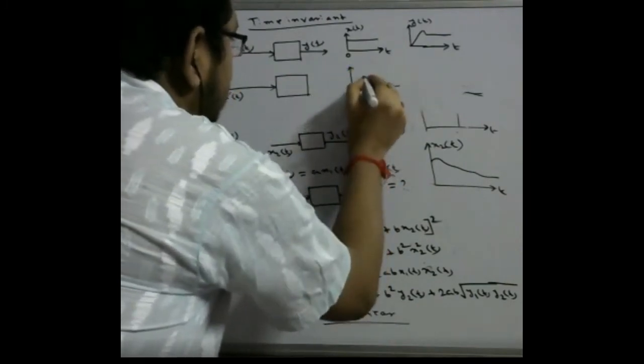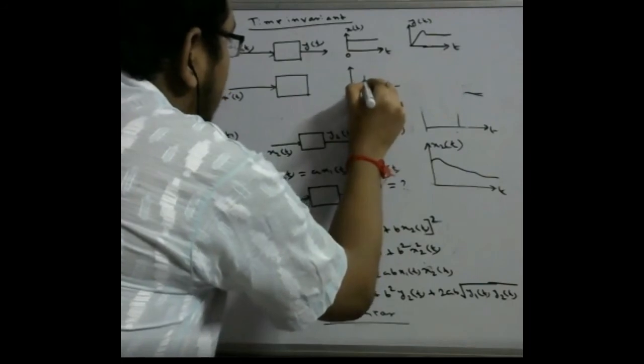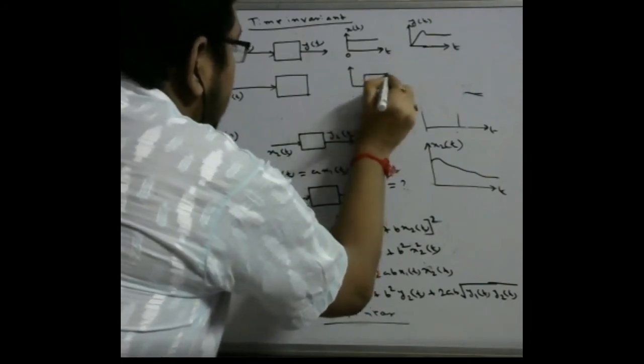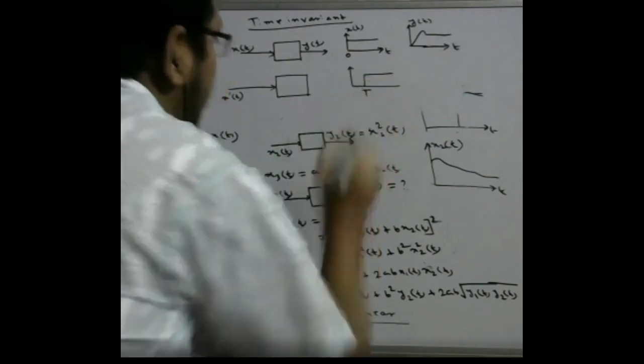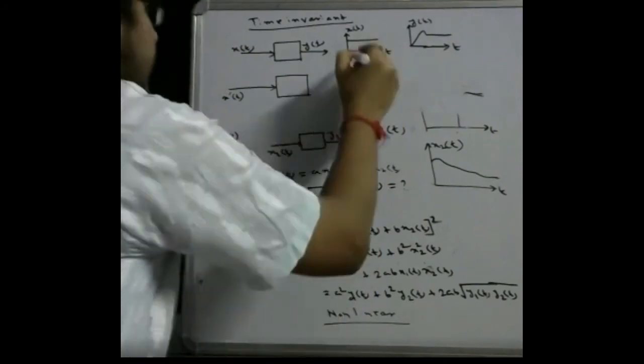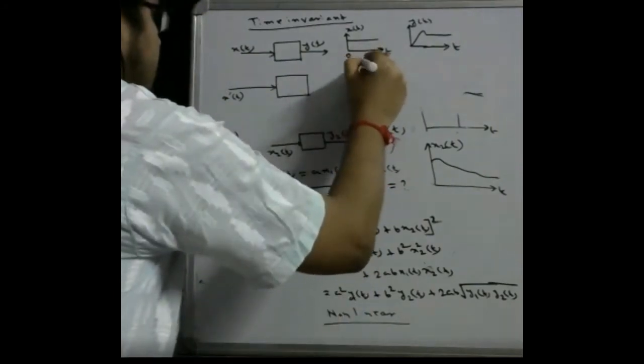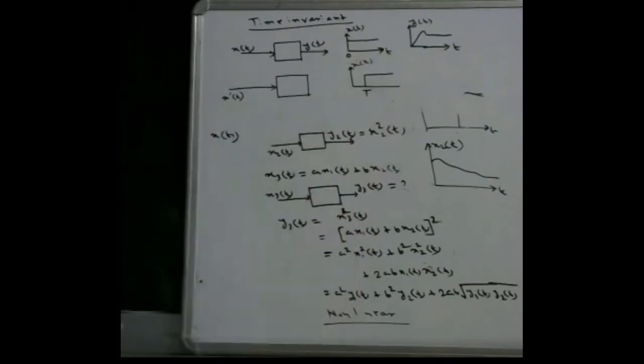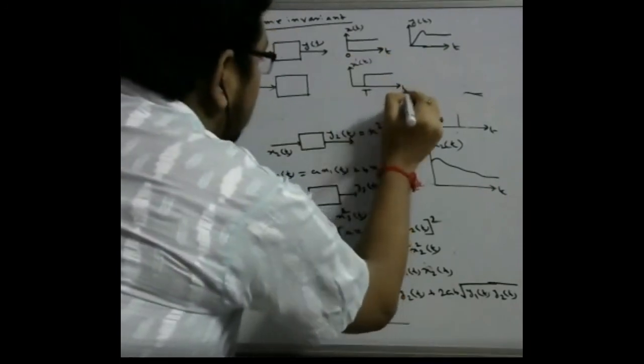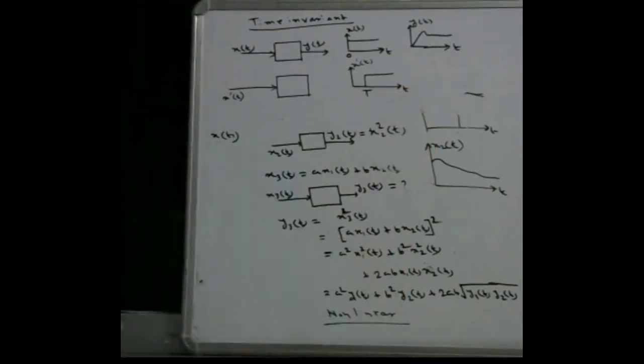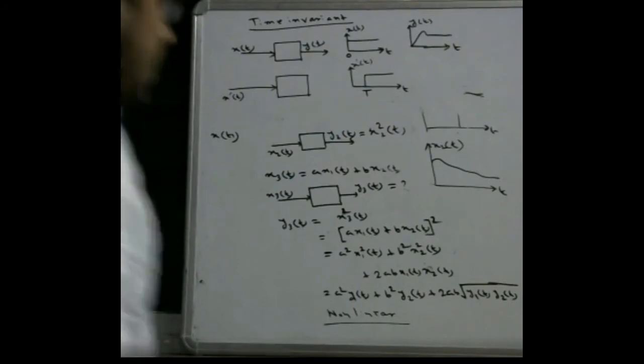That means this step input starts after time capital T. This is x dash t. Now, what will be the output?